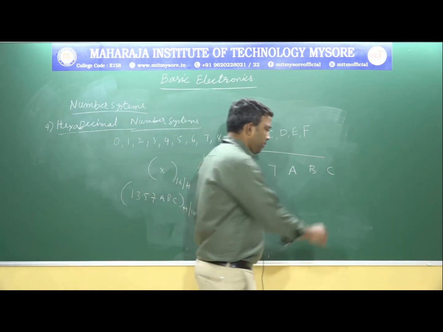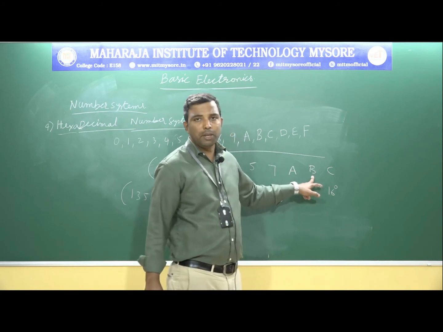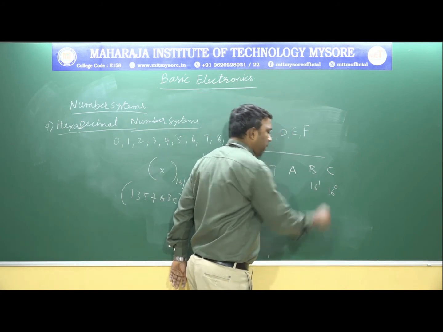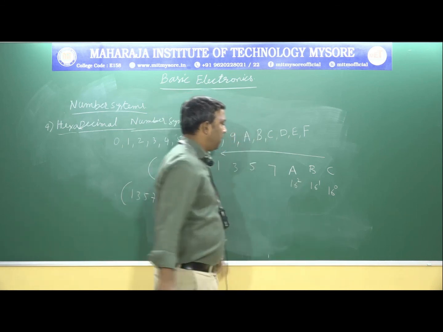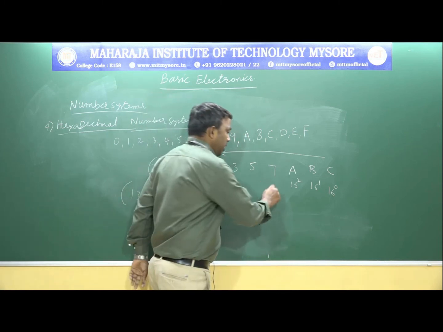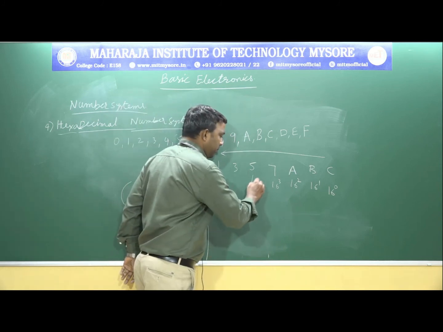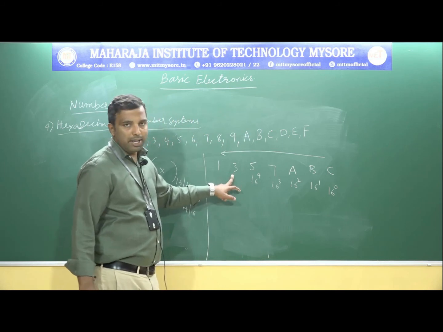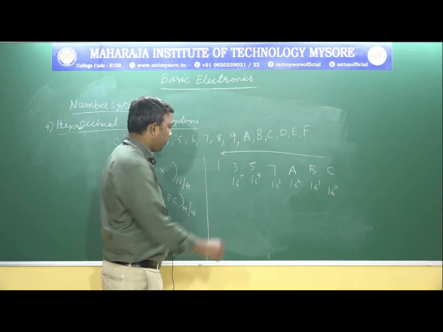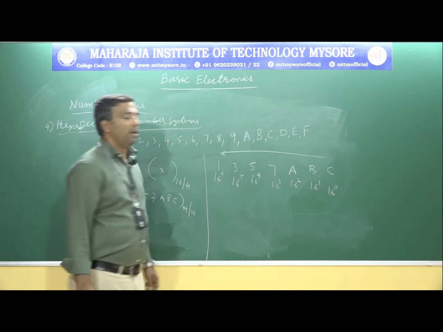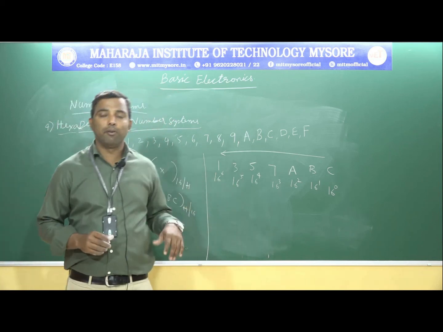The positional value of C is 16 power 0, B is 16 power 1, A is 16 power 2, 7 is 16 power 3, 5 is 16 power 4, 3 is 16 power 5, and 1 is 16 power 6. This is the positional value of a hexadecimal whole number.